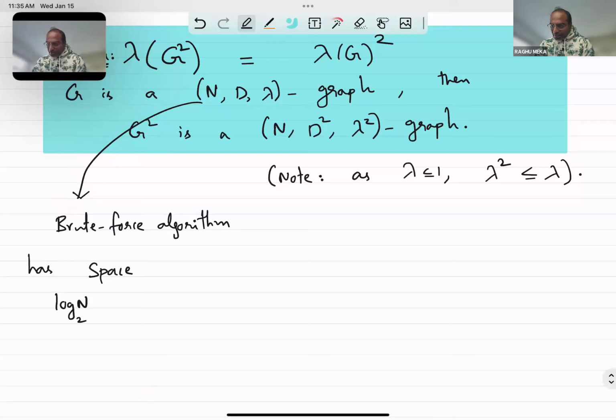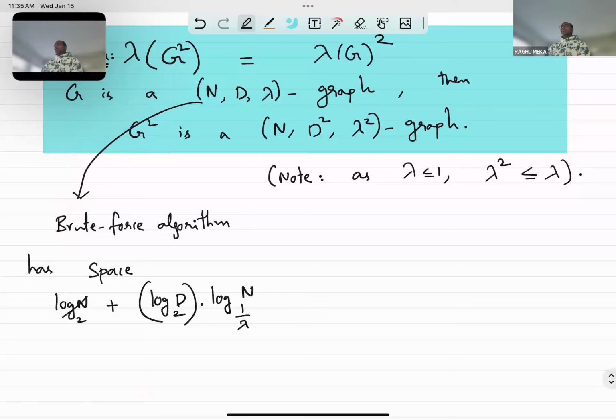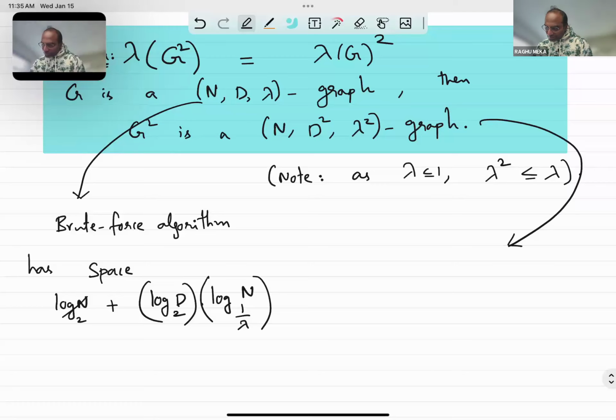So let's not worry about that because that's not the dominant term. Plus, you have log d times log n 1 over lambda. Again, ignore the constant factors. So this was what we were getting from using spectral graph theory theorem number 3, because diameter is at most that much. Now, if I use this guy, what happens? I still have log n. That is fine. Let's not worry about that.